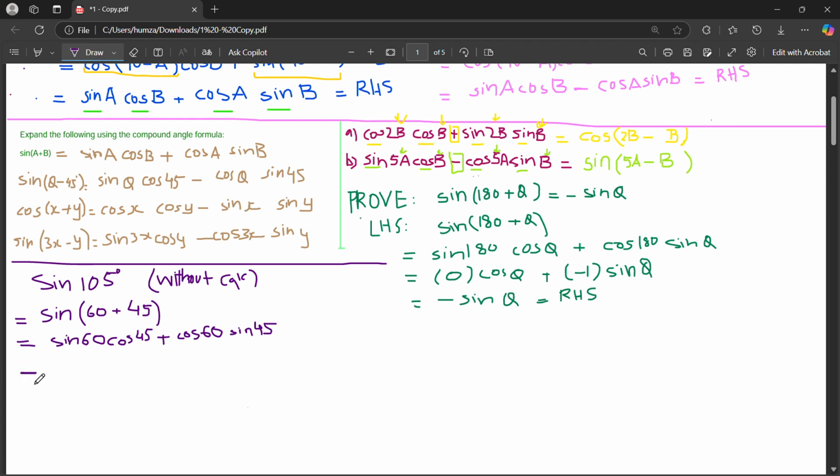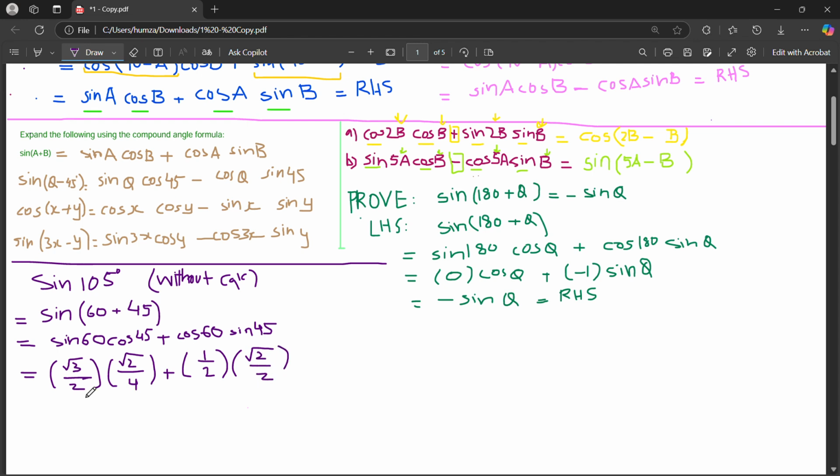Sin 60 is equal to root 3 over 2. Again, these are your special angles, so you must know the value without the calculator. You must be able to draw the 30-degree triangle, 60-degree triangle, and 45-degree triangle, and figure out from there which trig ratio is equal to what. So cos 60 is equal to half, and sin 45 is equal to root 2 over 2.